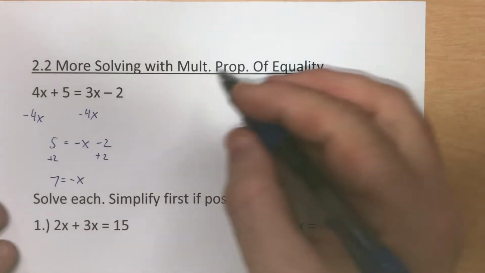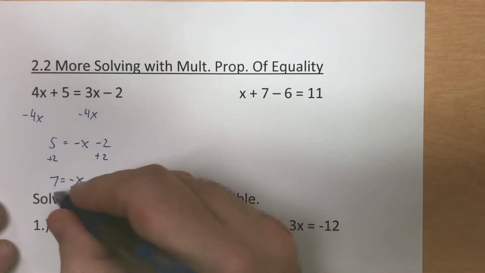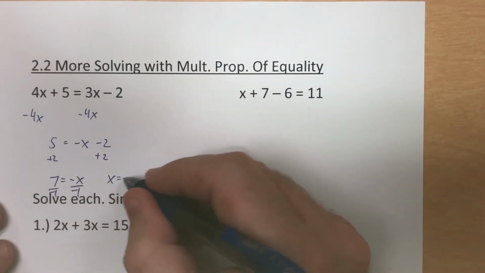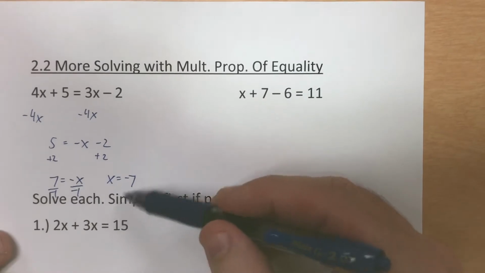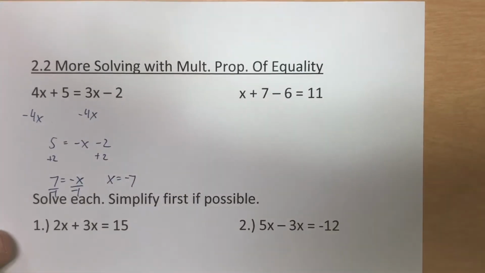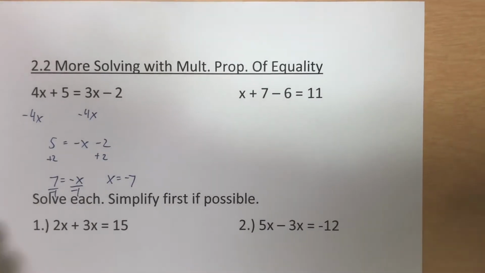The reason that's working is actually because of the multiplication property of equality that says I can divide both sides by negative 1, and that's why x equals negative 7. It actually comes from the multiplication property of equality. You can avoid having to do that extra step by subtracting the 3x from both sides, but this is why that works out. I just wanted to show you that since we're now talking about the multiplication property of equality.